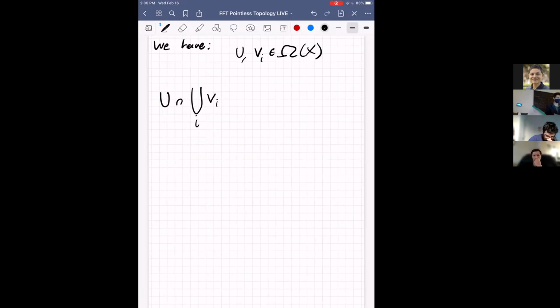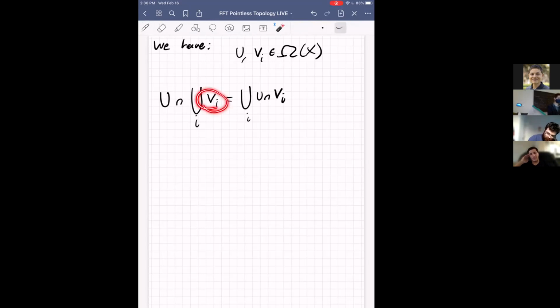If I intersect those, this is going to be the same, I guess by De Morgan's laws or something, as if I take the intersection with each individual one of these and then take their union at the end. If you like Venn diagrams, you can write this out as a Venn diagram. But this axiom, which is not satisfied by all complete lattices, is going to somehow be the thing that's going to make our complete lattice, quote unquote, topological.